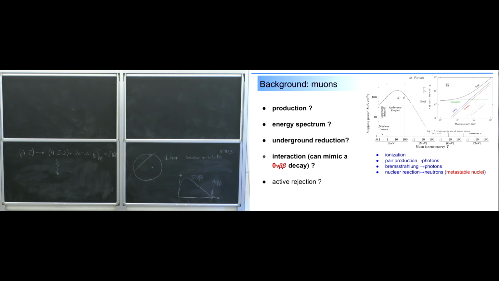Yes, of course. I mean, the problem is I have to get rid of muons that produce an event over there. All the others do not. So I have to.